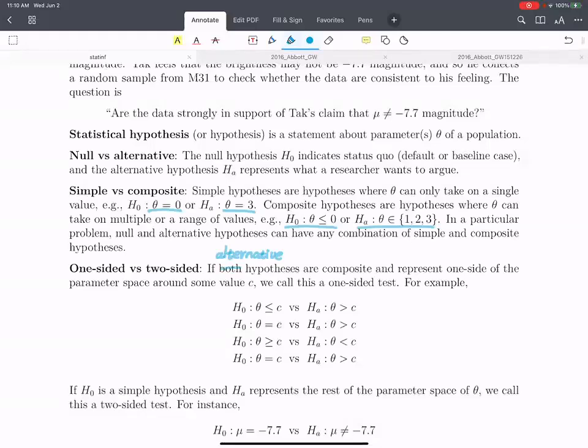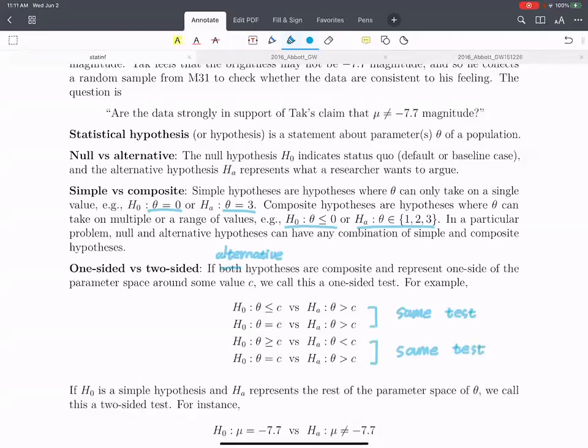And there are 4 examples of one-sided tests. The reason I specify 4 is that the first 2 will lead to the same conclusion, and the last 2 also will lead to the same conclusion.